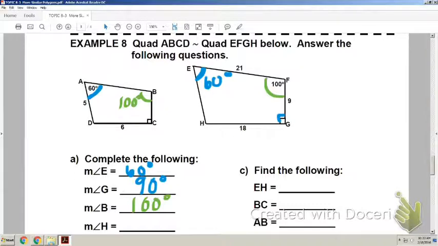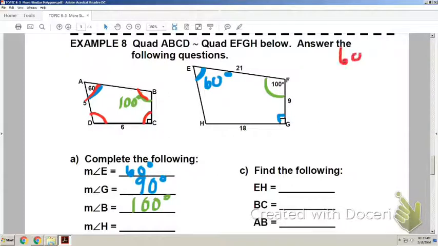And now we're left with H. H is corresponding to D, but we don't know D. But we can find it. There's two different ways you can find it. In a quadrilateral, all of the angles should add up to 360, and that's the way that I'm going to show you. So we know that all four of these angles should add up to 360 degrees. We need to find one of the missing ones, and you can do this for either quadrilateral because they both have the same angle measures.